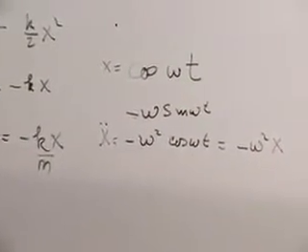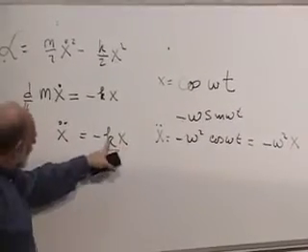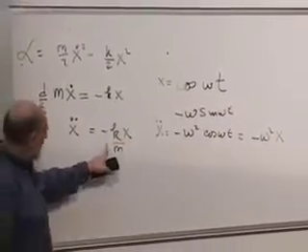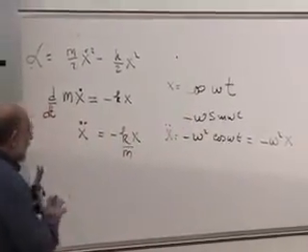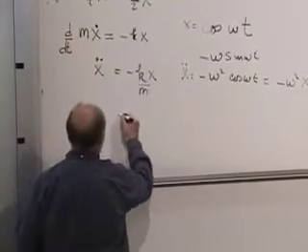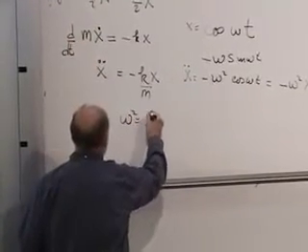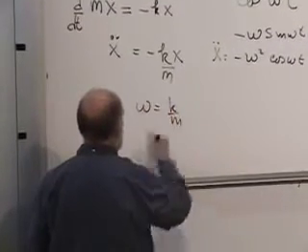That's what this equation says. It says the second time derivative is proportional to x itself with a coefficient k over m. Same minus sign, and so we identify that omega squared equals k over m. Or omega, the frequency, is the square root of k over m.